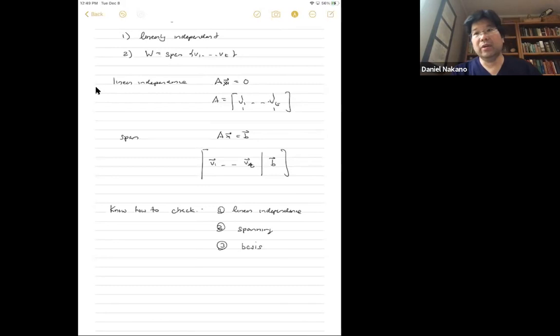So you check whether they're linearly independent and whether the vectors span, and if those two things happen, then you know it's a basis. Okay, any questions so far?